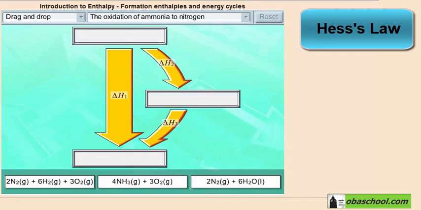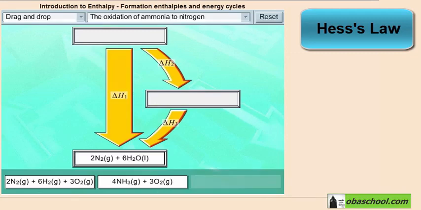Let's take another example. In this example, we have the oxidation of ammonia to nitrogen. So our final product will be nitrogen. So now we want to produce an energy cycle that will enable us to find the enthalpy change of this reaction.